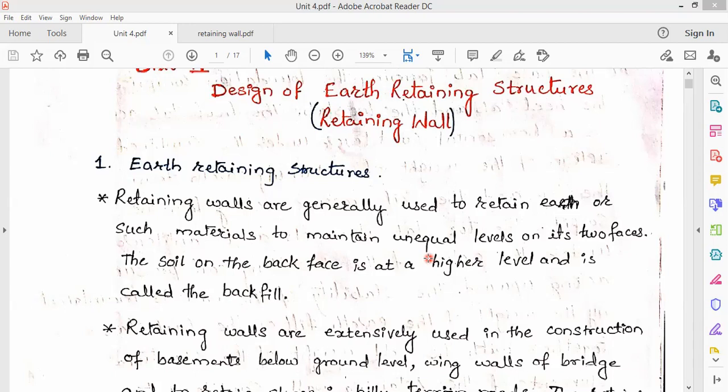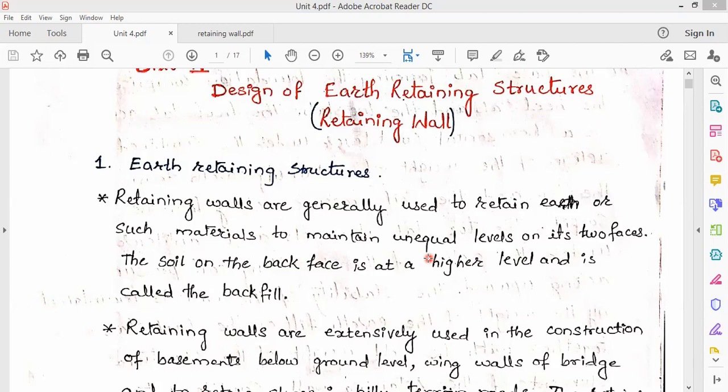So the use of these retaining walls or earth retaining structures is that the movement of the earth will be restricted by them.